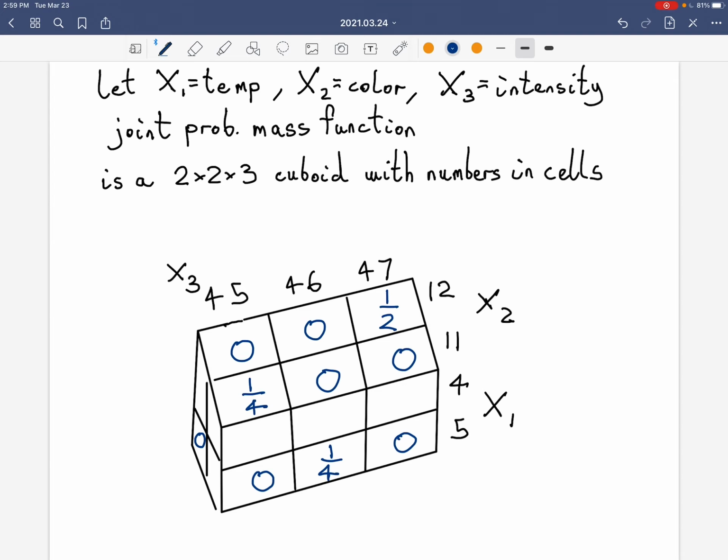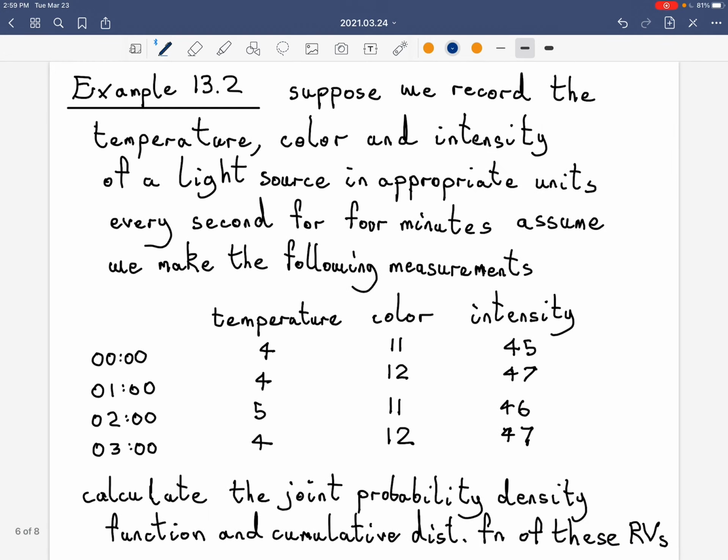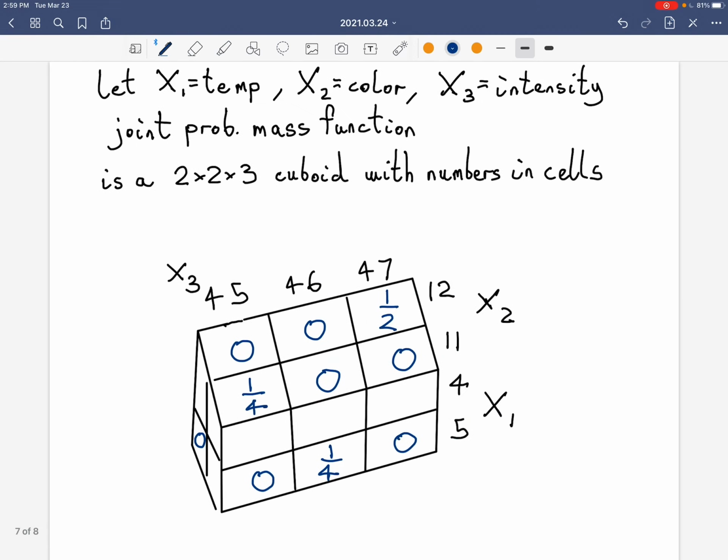And so why did I put a 0 in, let's say, the x1 equals 5, x2 equals 11, x3 equals 45 cell? That's the cell on the bottom left that appears to be closest to us and at the bottom. So it has a 0 in it. Why does that cell have a 0 in it?